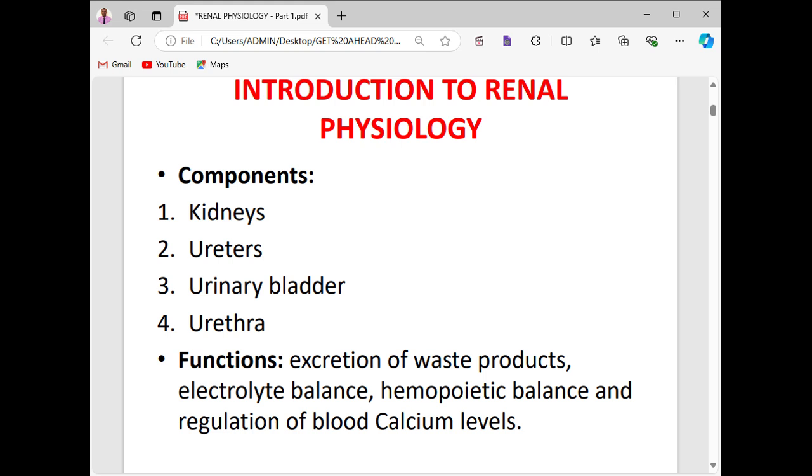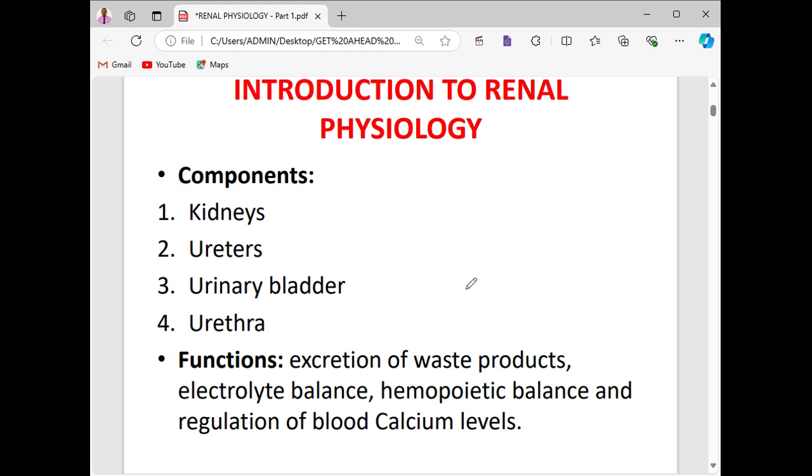Now when we talk about the functions of the renal system, it has to do with excretion of waste products. So, removal of wastes, for example, drugs and urea.